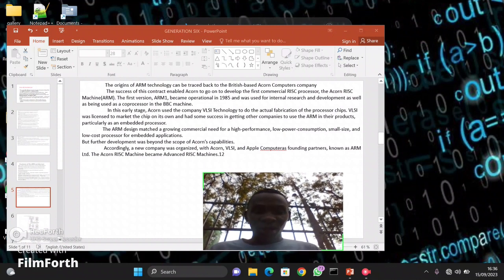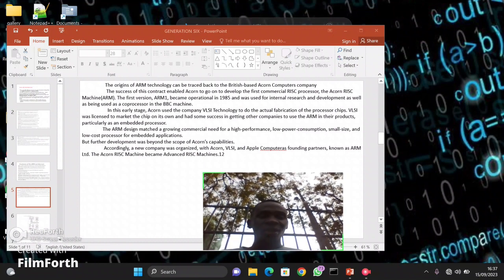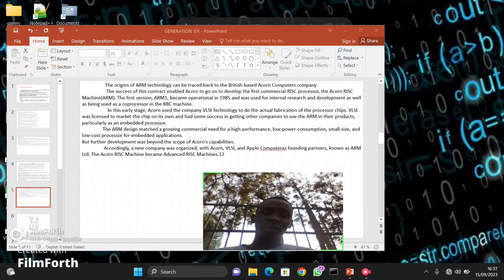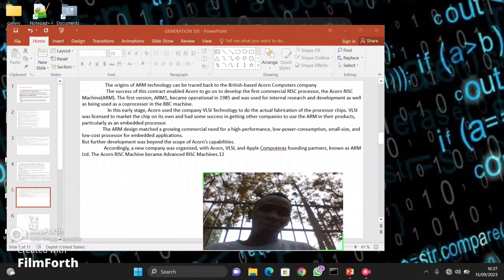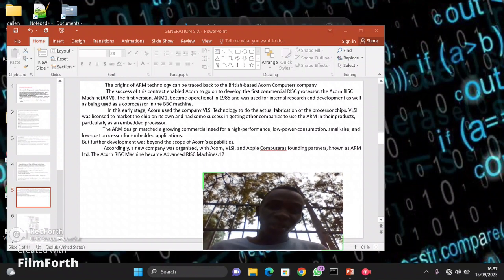But VLSI was licensed to market the chip on its own and had some success in getting other companies to use the ARM in their products, but at a lower cost, particularly because it's an embedded processor. So the ARM design matched a growing commercial need for higher performance, lower power consumption, small size, and low cost processors for embedded applications. And I think these are the advantages of the ARM.